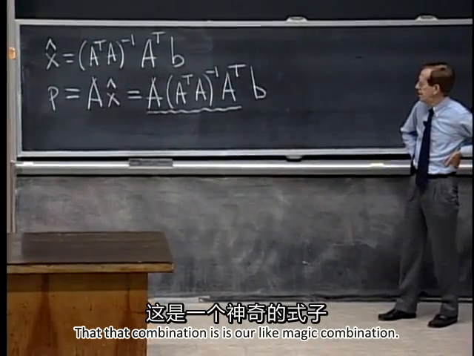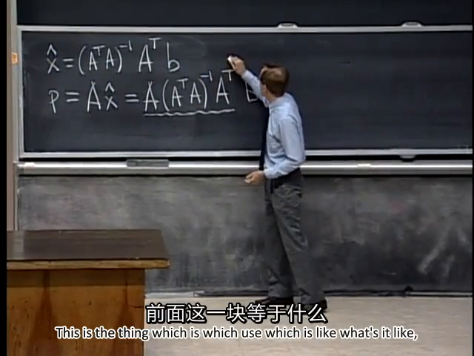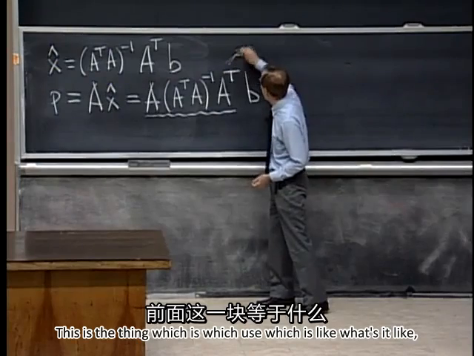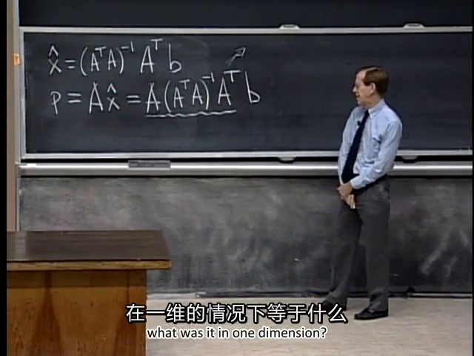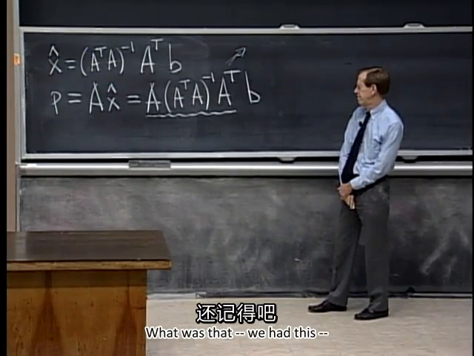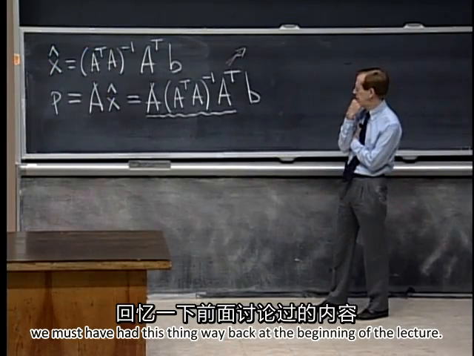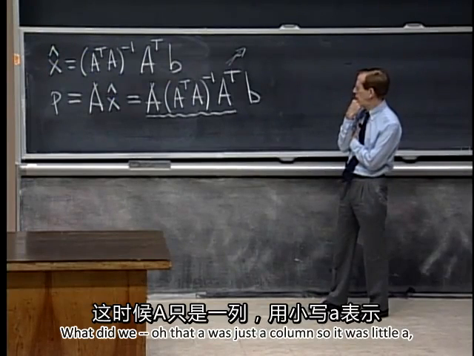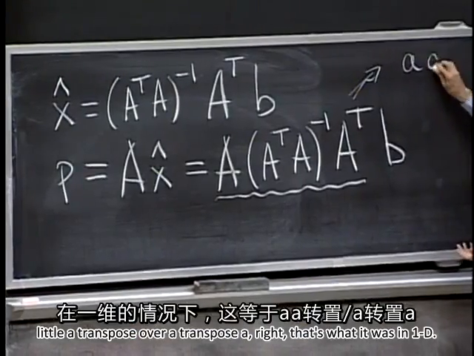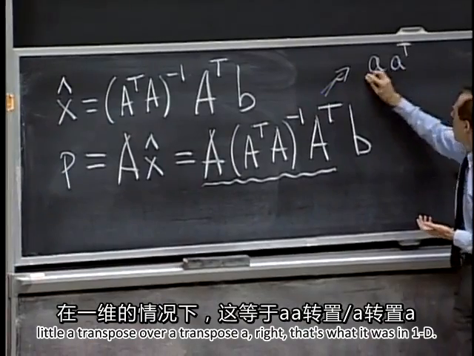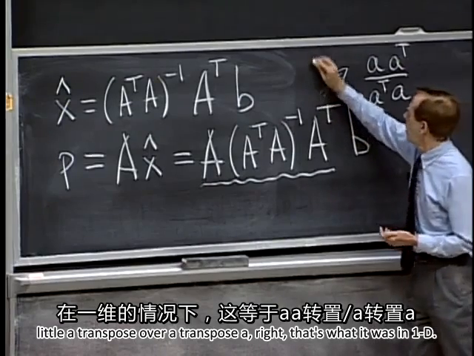That combination is our magic combination. What was it in one dimension? A was just a column, so it was little a transpose over a transpose a. That's what it was in 1D.